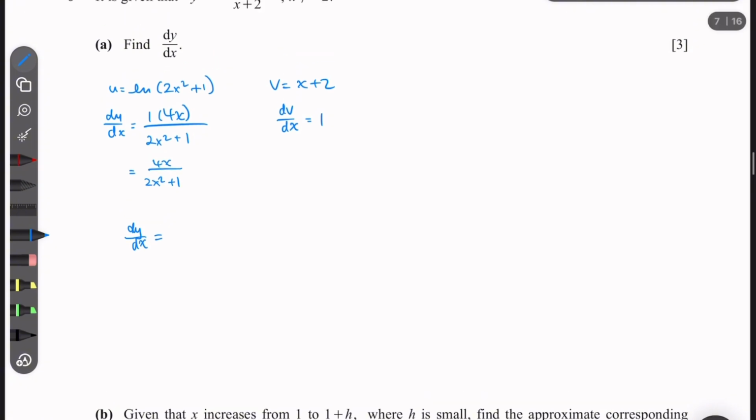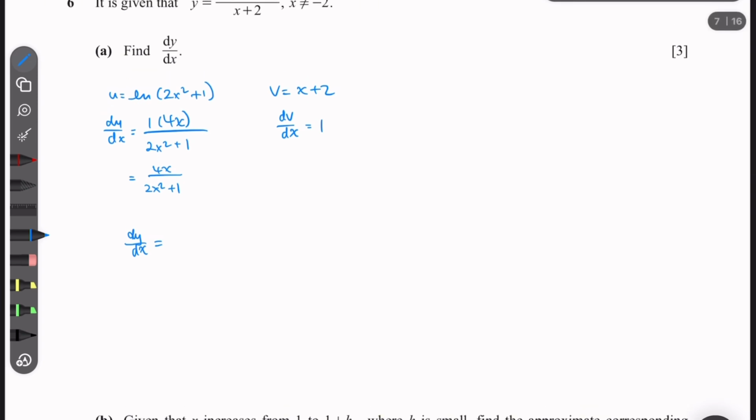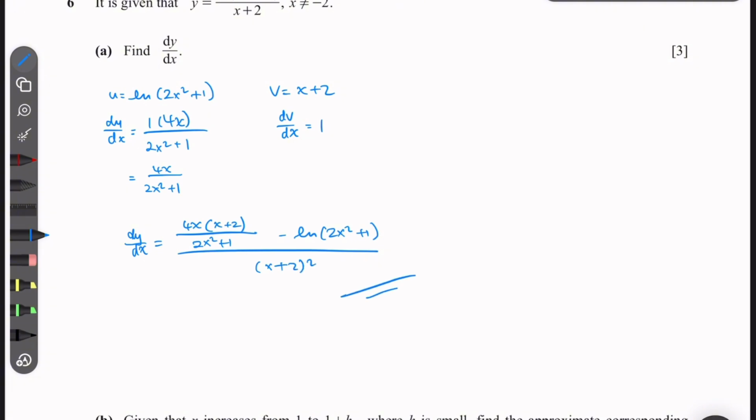Okay, so apply the quotient rule by substituting these values into the equation. And we can just leave the answer like this.